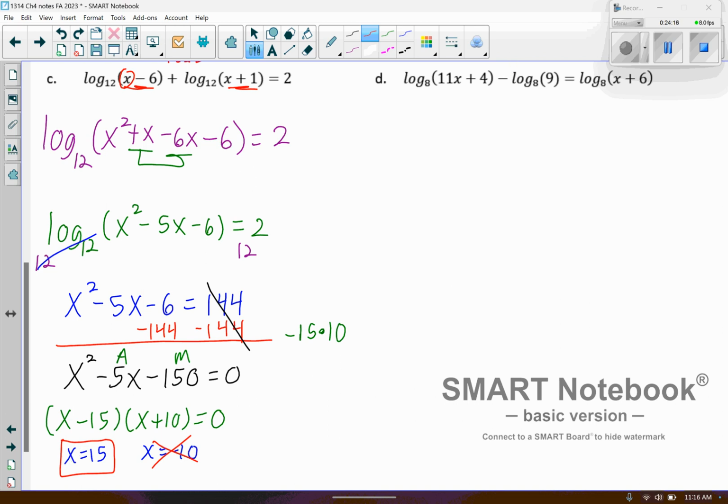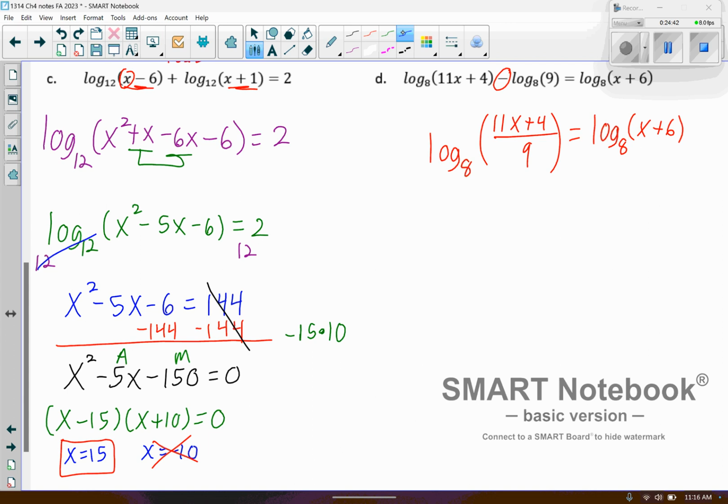And so I need to go ahead and condense this, and it's going to be the quotient rule. So I'm going to have log base 8 of 11x plus 4 divided by 9, and then equals log base 8 of x plus 6.